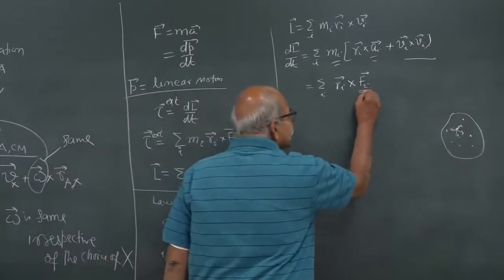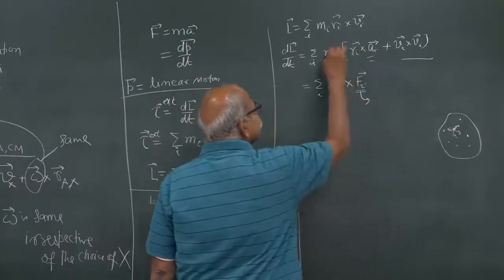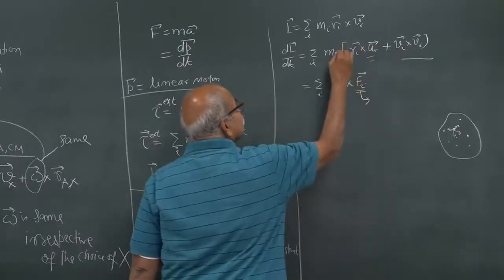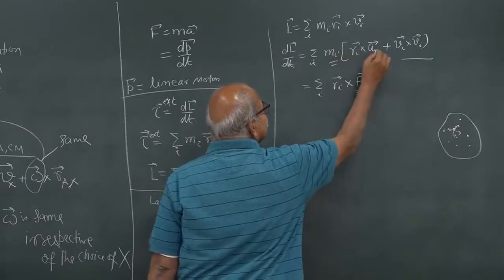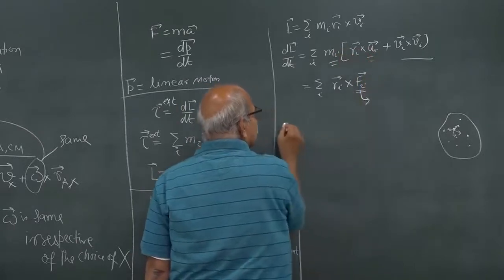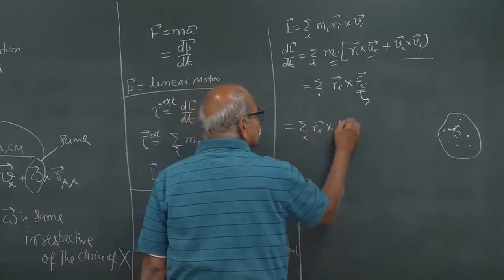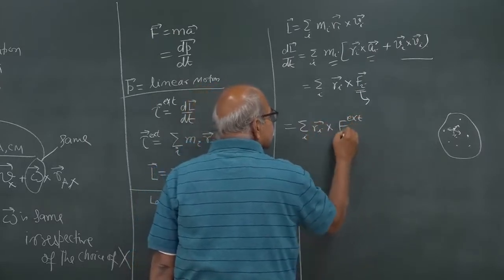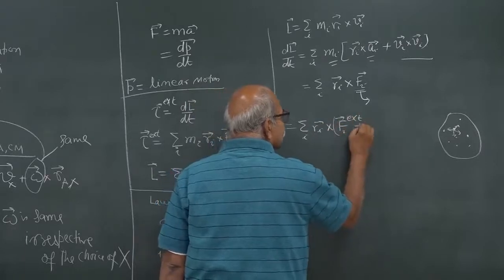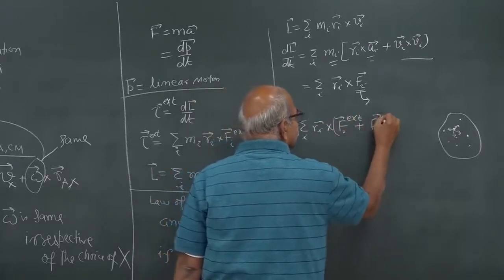This Fi is the resultant force, because I am writing it for mi and ai. So, this is the resultant force on the ith particle. So, this is ri cross Fi external plus Fi internal.